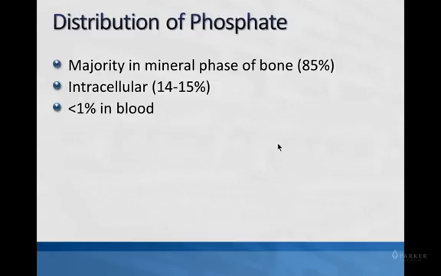When you phosphorylate enzymes, phosphate is involved in regulation of enzymatic pathways. It complexes with calcium as part of that mineral phase in bone. Phosphate is also an important component of some of the buffer systems in our body. So phosphate does play a role in various body systems, but we're going to spend a lot more time talking about calcium.